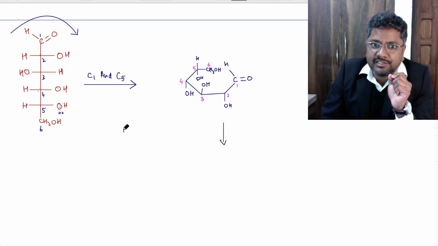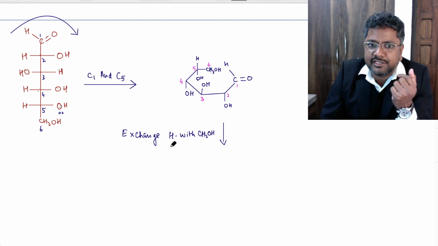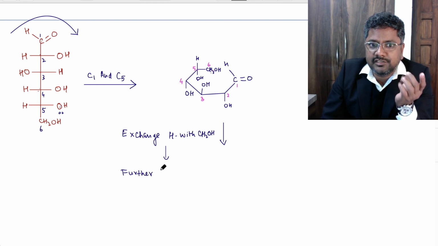So what operation are we going to do here? First we exchange H with CH2OH. Then this is a 90-degree exchange, we can say. Then further exchange H with OH.